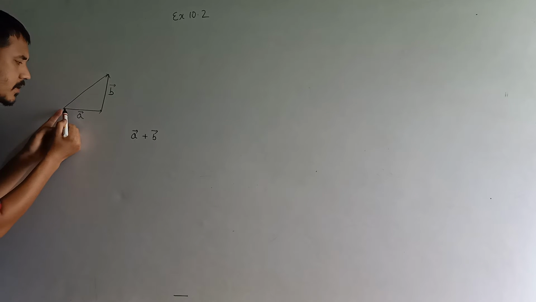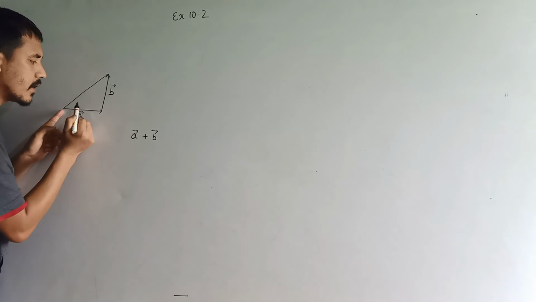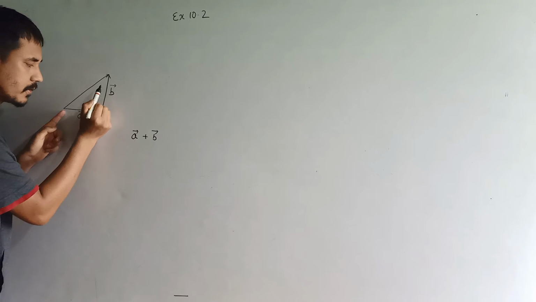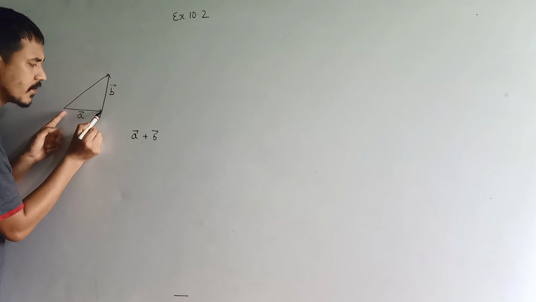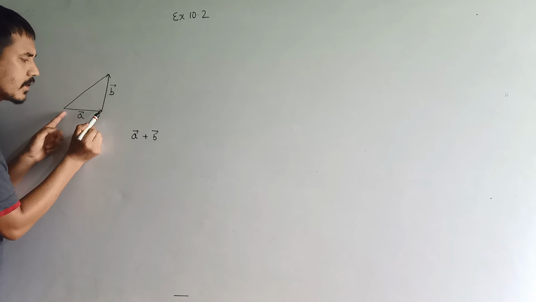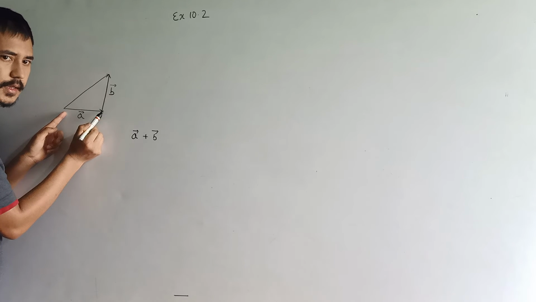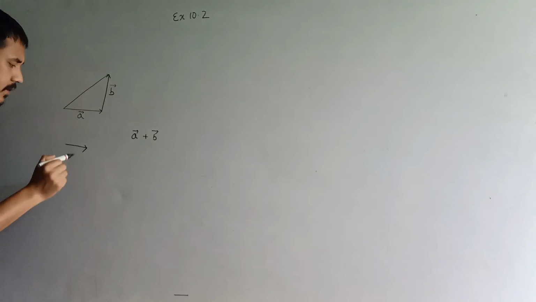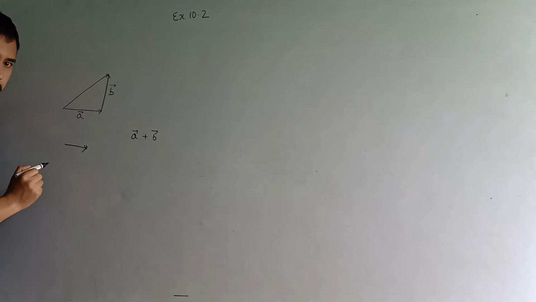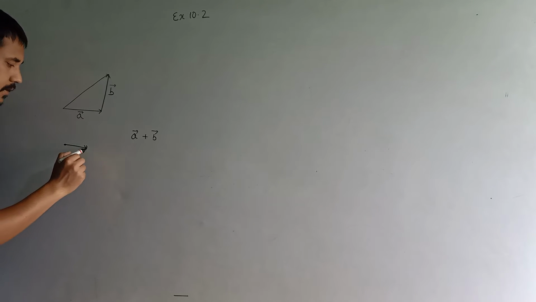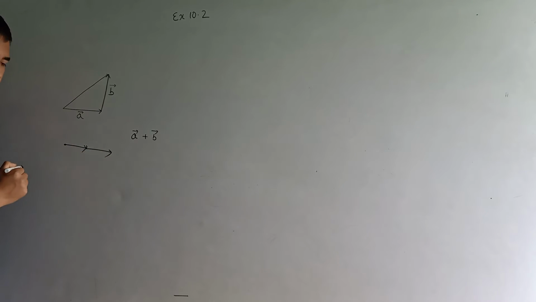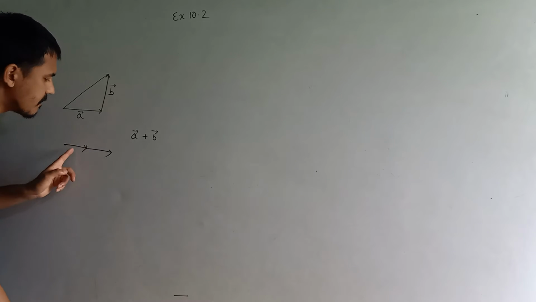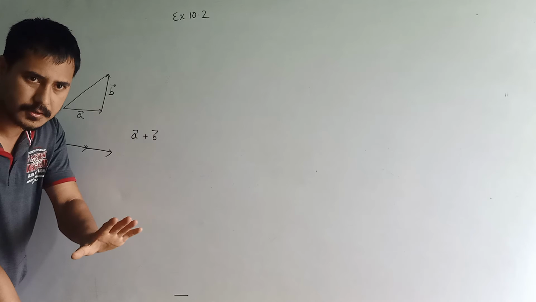Means, if the vectors are joined from head to tail, suppose see this vector, this is the head of the vector, this is the tail. You join another vector like this. These two vectors are joined from head to tail. Head of one vector is joined to tail of another vector. That means these vectors have the same order.